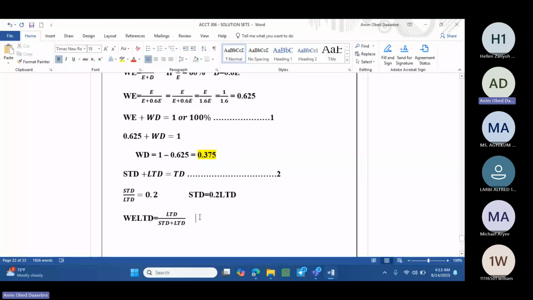So doing so, we are going to get something like this. Wherever you see short-term debt, you put your 0.2 LTD. Then you expand it.